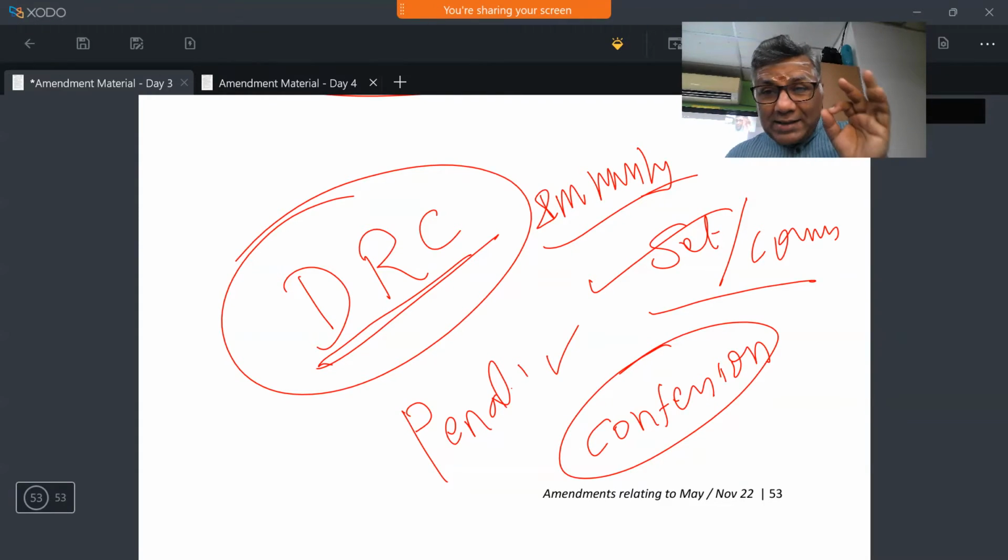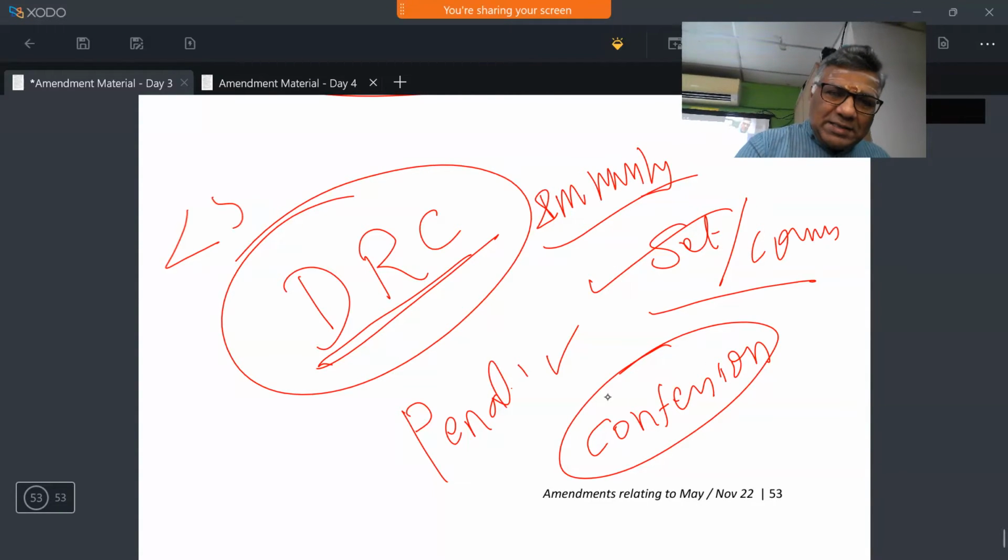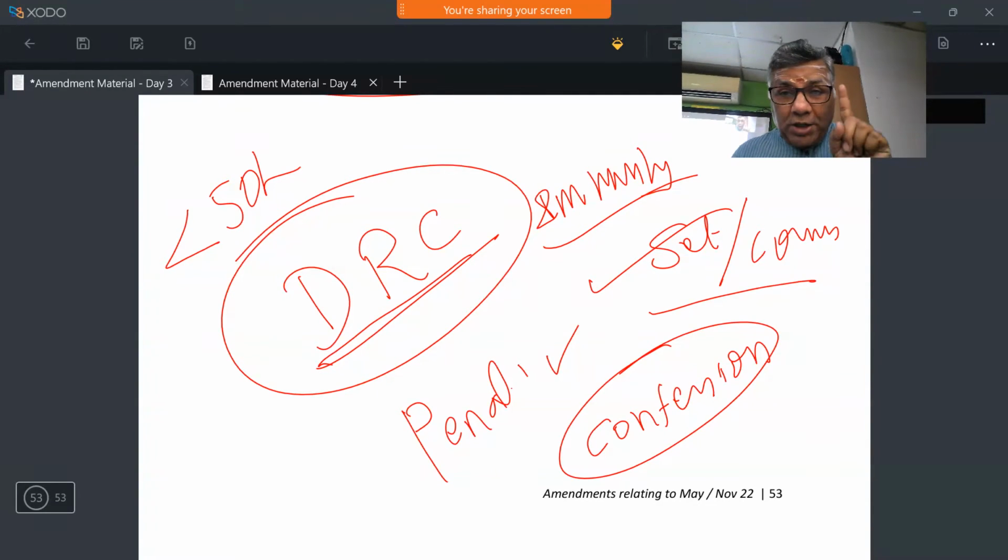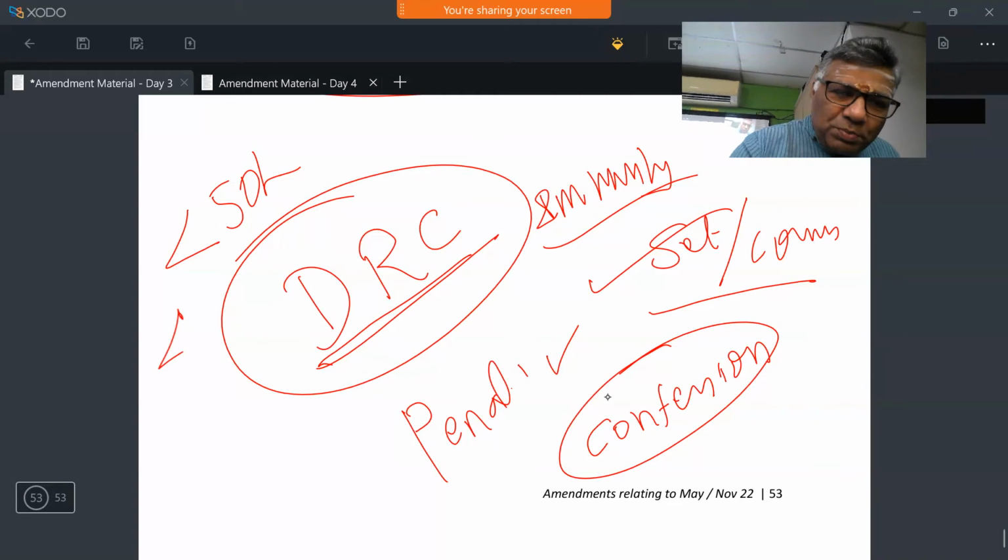Who can tap the doors? That is very important. That is going to be the question also. Who can tap the doors of this dispute resolution committee? Your income returned in your return of income is less than 50 lakhs, and the proposed variation by the assessing officer due to assessment order should be less than 10 lakhs.